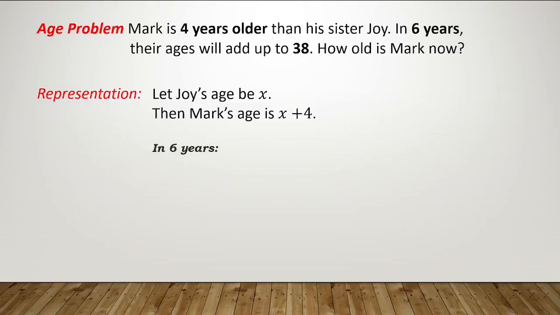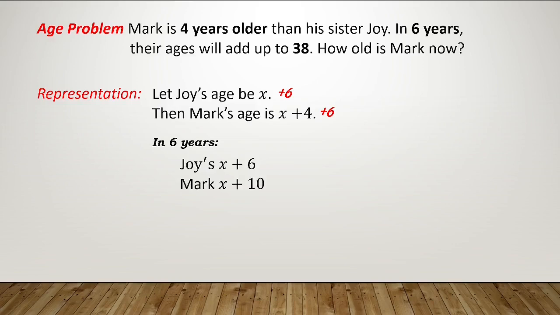But in 6 years, how do we represent their ages? Then we add 6 more years to their present age. So Joy's age is x plus 6 and Mark is x plus 10. In 6 years, their ages will add up to 38. So the age of Joy, which is x plus 6, plus the age of Mark, which is x plus 10, will add up to 38.